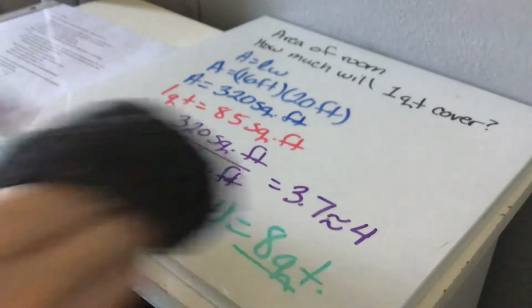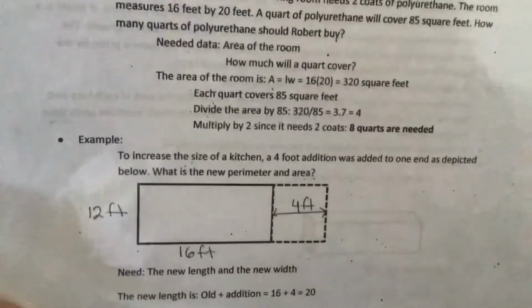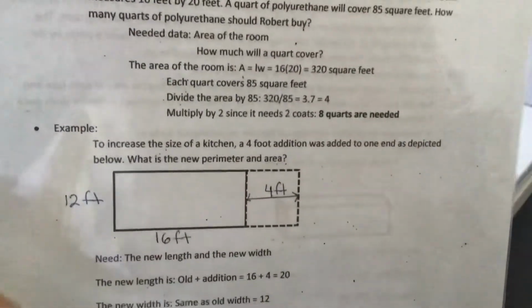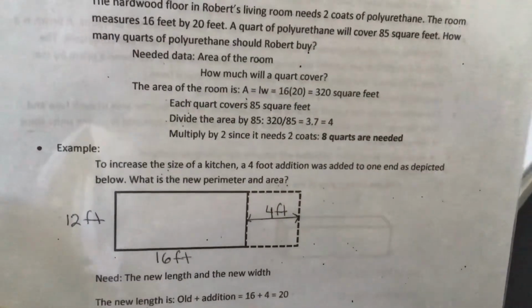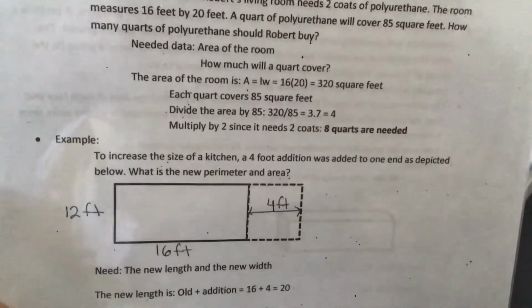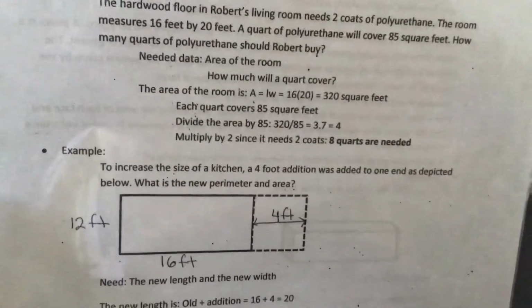All right, next one. Looking at our notes, it says, to increase the size of a kitchen, a 4-foot addition was added to one end as shown below. What is the new perimeter and the new area?